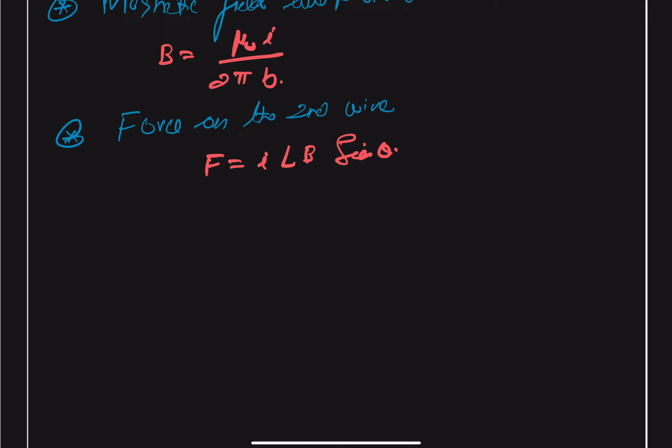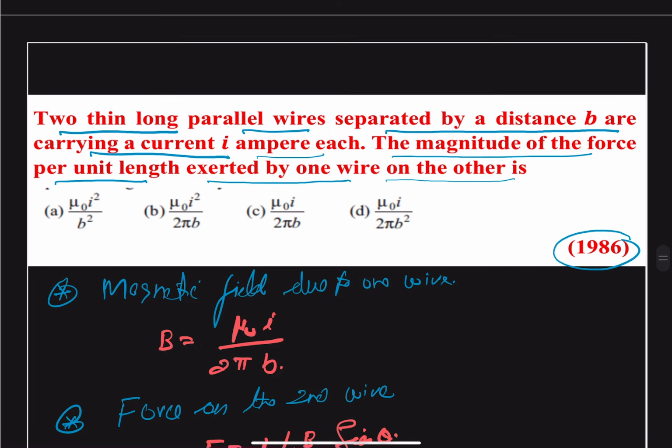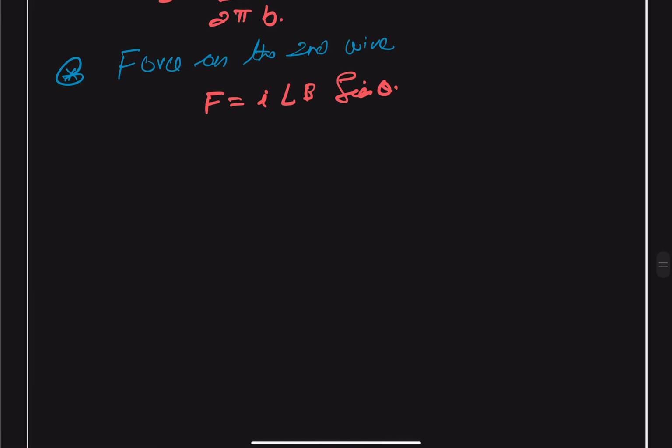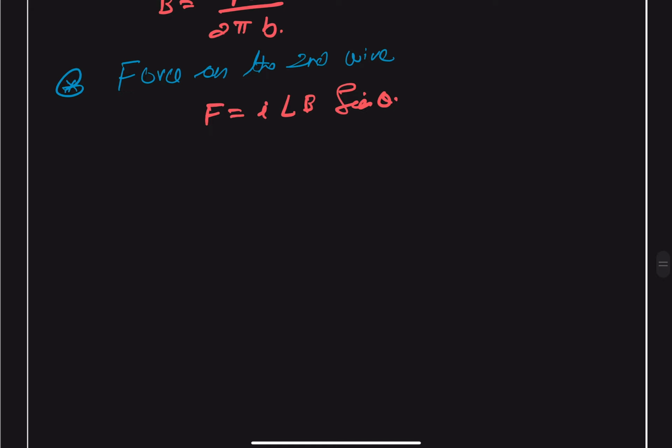Where theta is the angle between the current direction and magnetic field, so theta will be 90 degrees. So sine of 90 will give us 1.